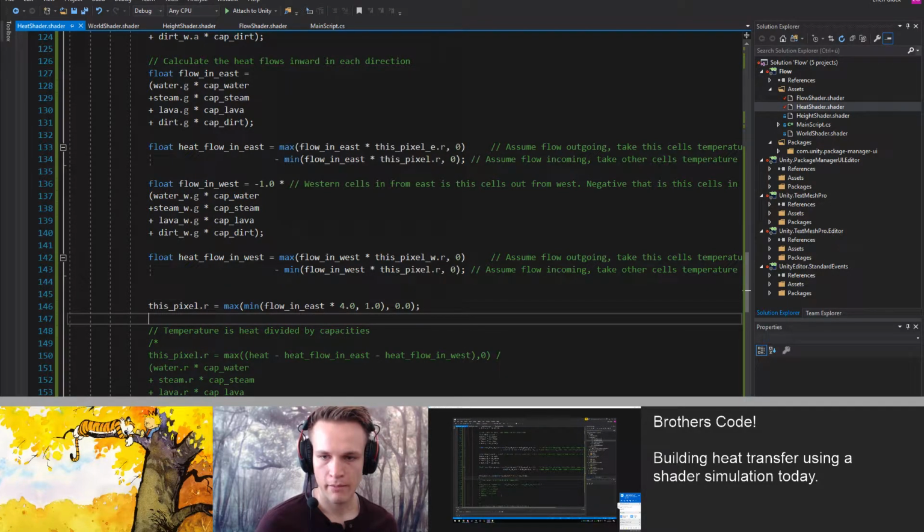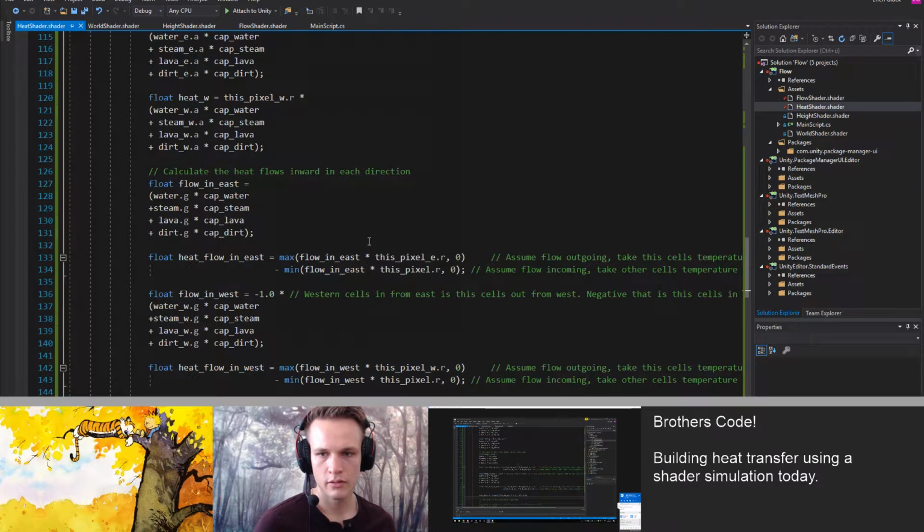Move the heat with the flow. So take heat flow in from the east. How do we conserve this? Heat flow in from the east is flow in east times all that stuff times the other pixel's temperature.